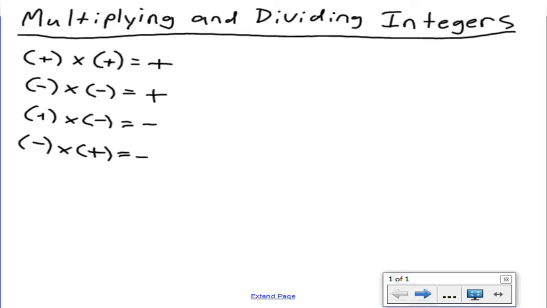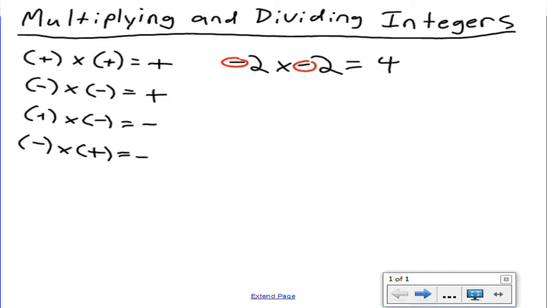So if I'm doing negative 2 times negative 2, I ignore the two negative symbols. Okay? I multiply 2 times 2. 2 times 2 is 4.